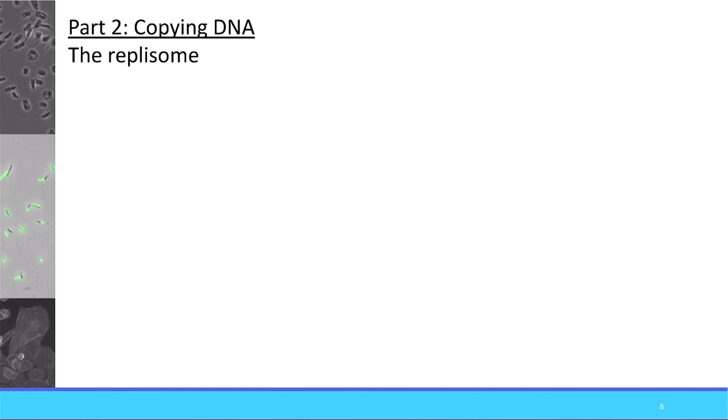So let's go ahead and define the idea of the replisome. Biologists love to add "ome" to every word. So we have things like genomics, we have proteomics, metabolomics. For whatever reason, adding that "ome" just makes that word feel much more intense and better.